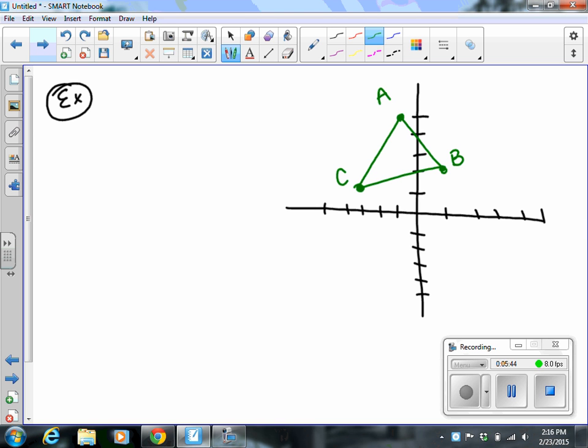A here is at -1, 5. B is at 1, 2. C is at -3, 1. Just to kind of help you out there.